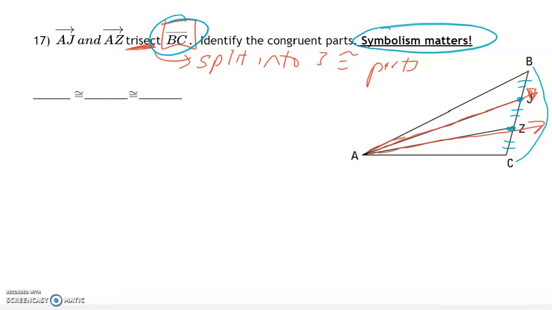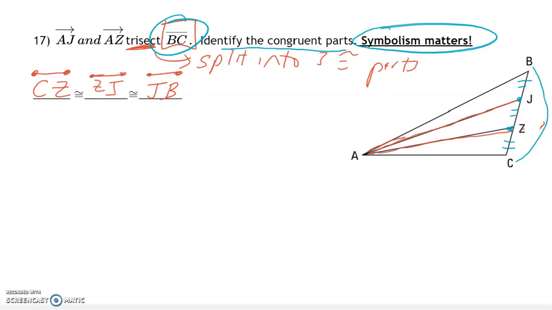Symbolism matters when we're looking for this. We're looking for the congruent parts, and the congruent parts are all segments, so we need to use proper symbolism. Segment CZ, with the segment symbol, is congruent to ZJ, which is also congruent to JB.